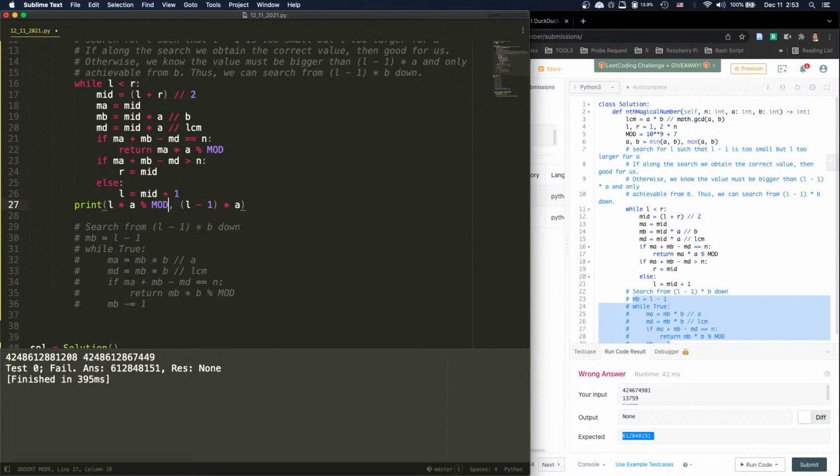I'm starting to suspect maybe I should not delete the other code. 26128.3. Yeah, that is too small. Yeah, I suspect maybe we should not delete the other code.